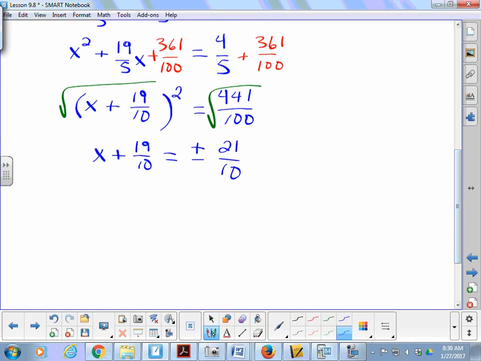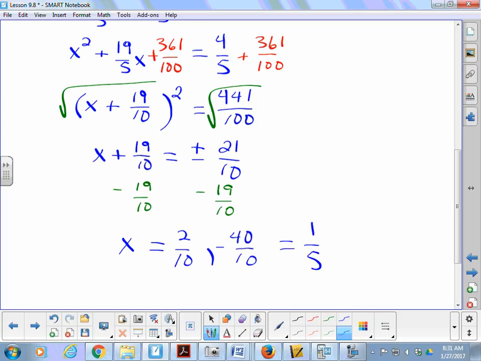So we subtract 19 over 10 from both sides. We get x equals. All right. So we're going to take 21 and subtract 19 over 10, and take negative 21 and subtract 19 over 10. So 21 minus 19 is 2/10, and negative 21 minus 19 is negative 40 over 10. So this is actually 1/5 and negative 4.